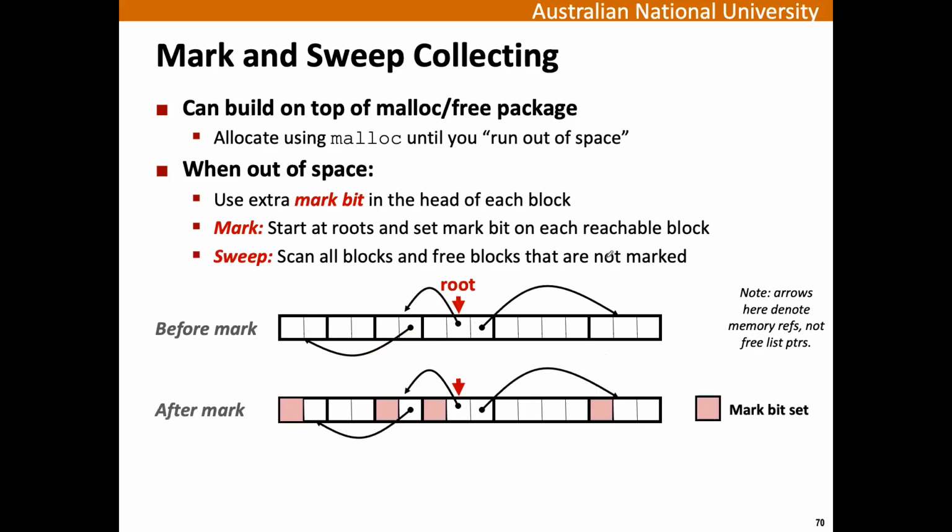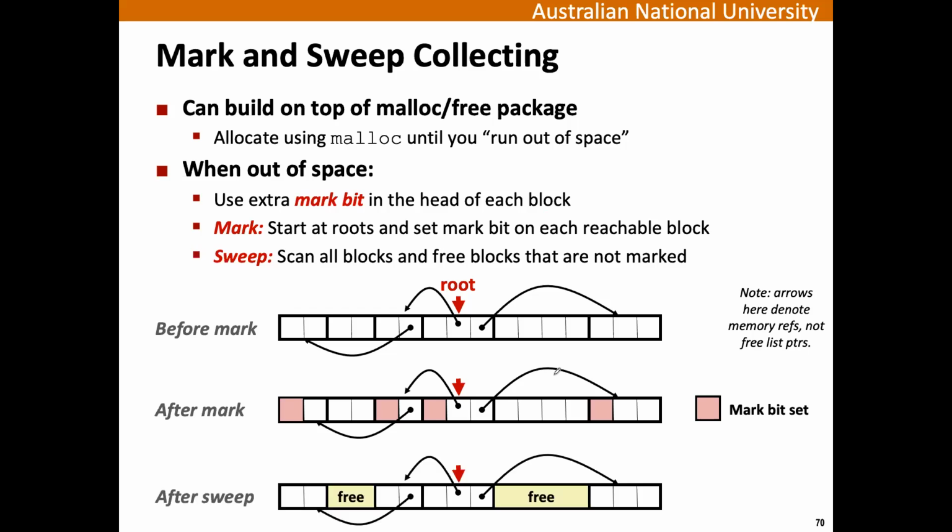After the mark phase, starting from the root object, this pink bit is marked, this is marked, and this is marked. Anything that is not in the graph, we haven't marked. There is no marking bit set for that specific block.